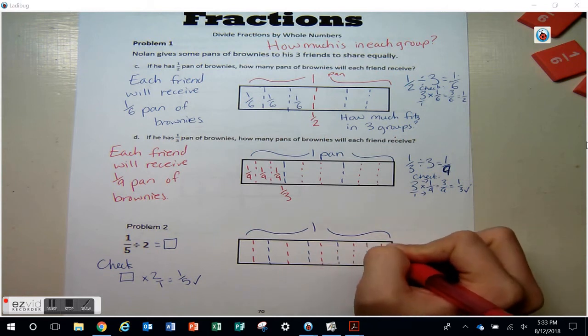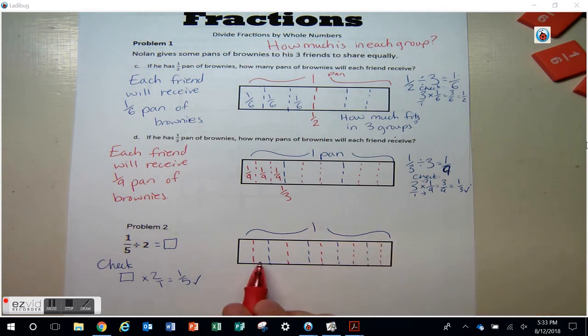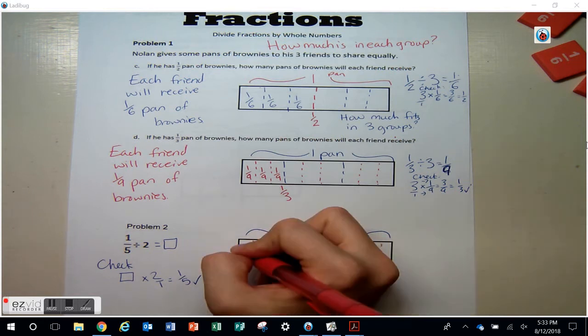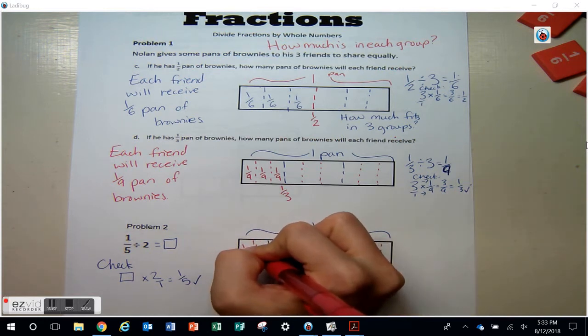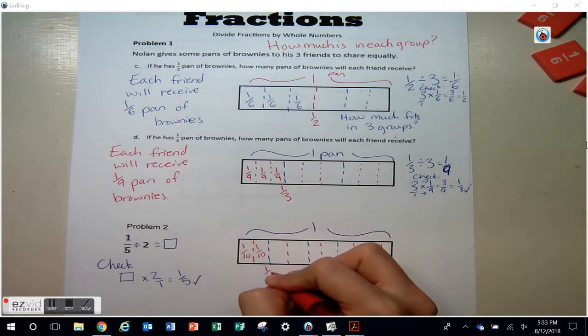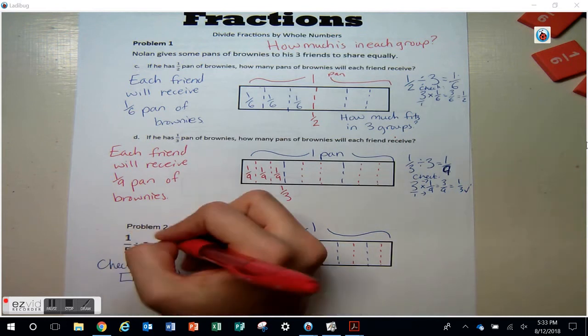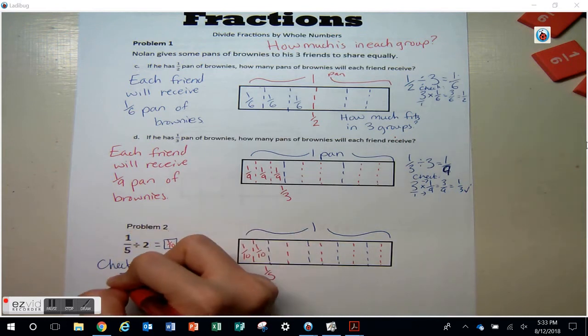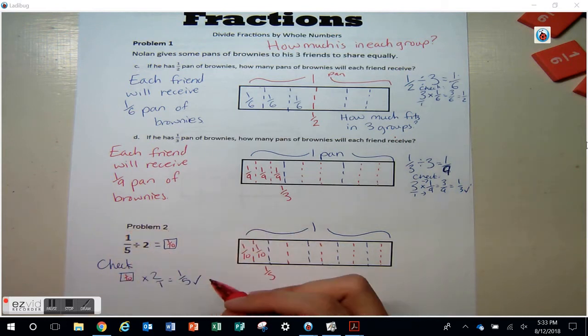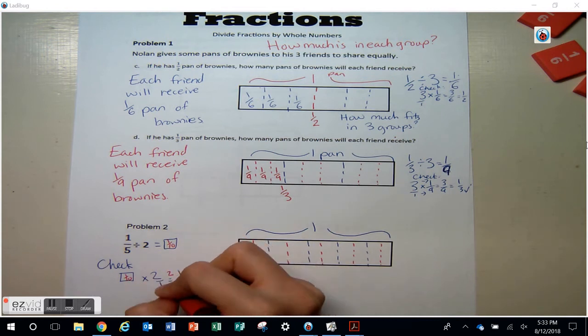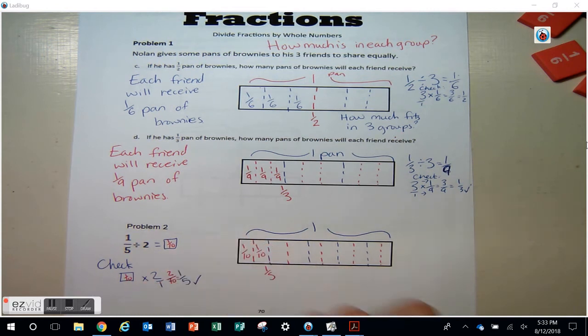So I know the value of those pieces, and I have 1, 2, 3, 4, 5, 6, 7, 8, 9, 10 pieces. So each of these, of the 1/5, is worth 1/10. So let's check our answer here. 1 times 2 is 2, 10 times 1 is 10, 2/10 equals 1/5 if I simplify by dividing by 2 on top and bottom.